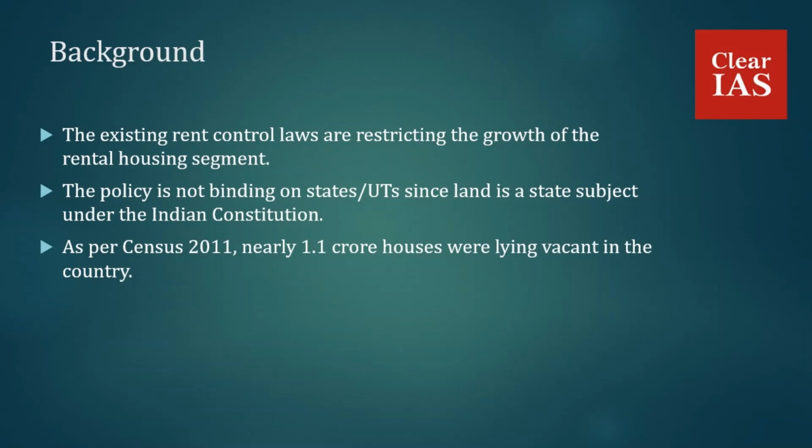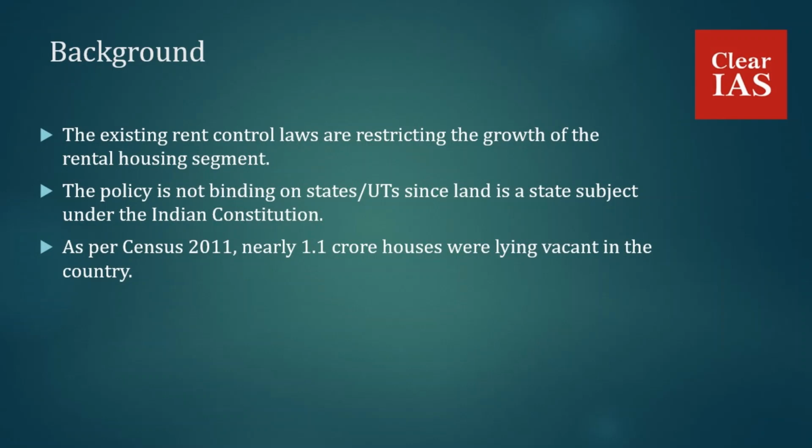So one of the potential measures to unlock the vacant houses is bringing transparency and accountability into the existing system of renting of premises, and balancing the interest of both property owner and tenant in a judicious manner. So that is the intention and aim of this Model Tenancy Act.